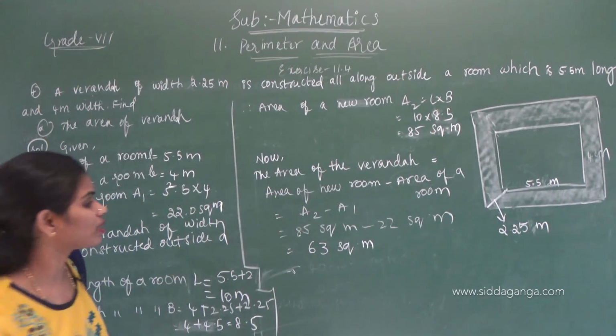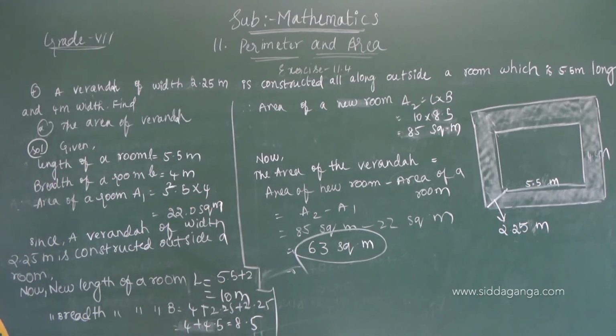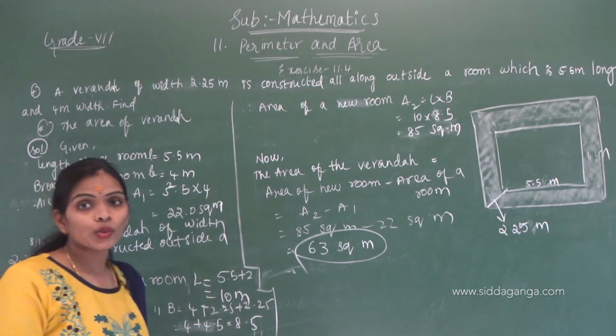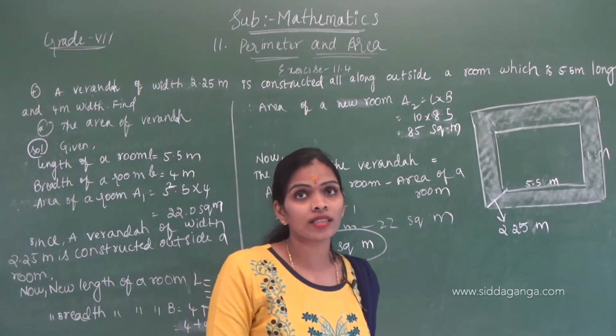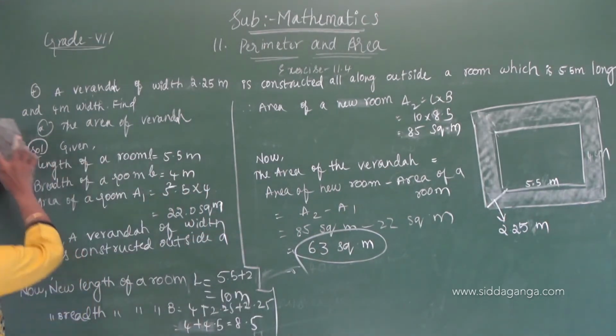For the first question, that is the answer: the area of the veranda is 63 square meters.